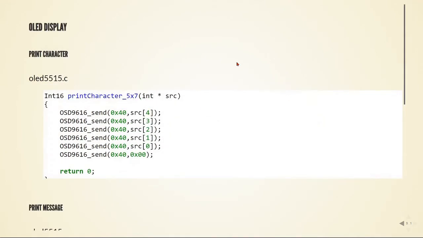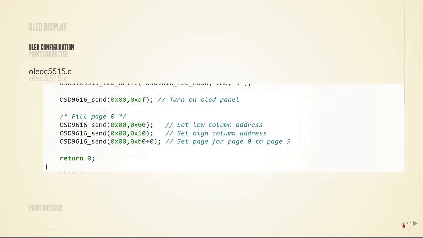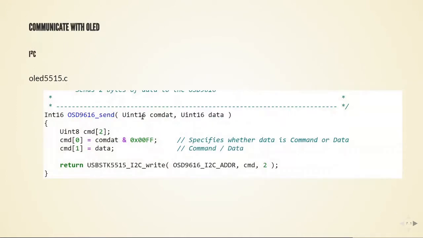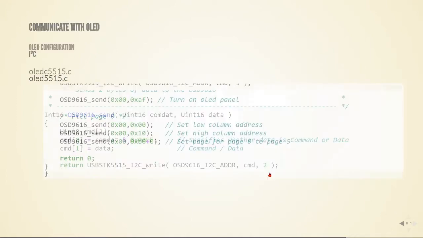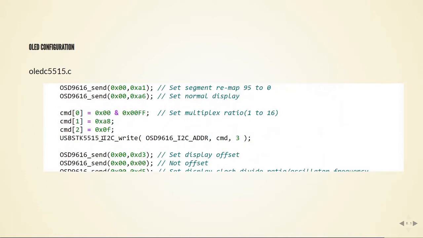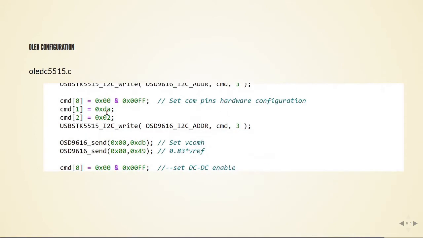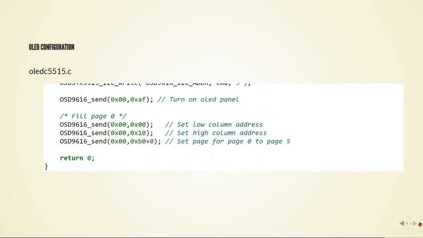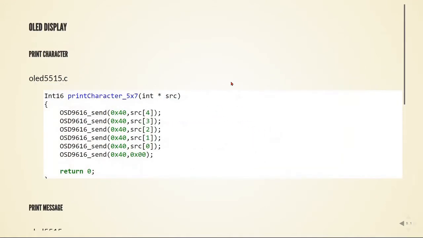So now we have a function to send commands to the OLED. We've seen this before. This is based on the I2C. We use this a lot to configure the OLED. And now we also need some functions to print messages. So we will have this function in this file, the print character.